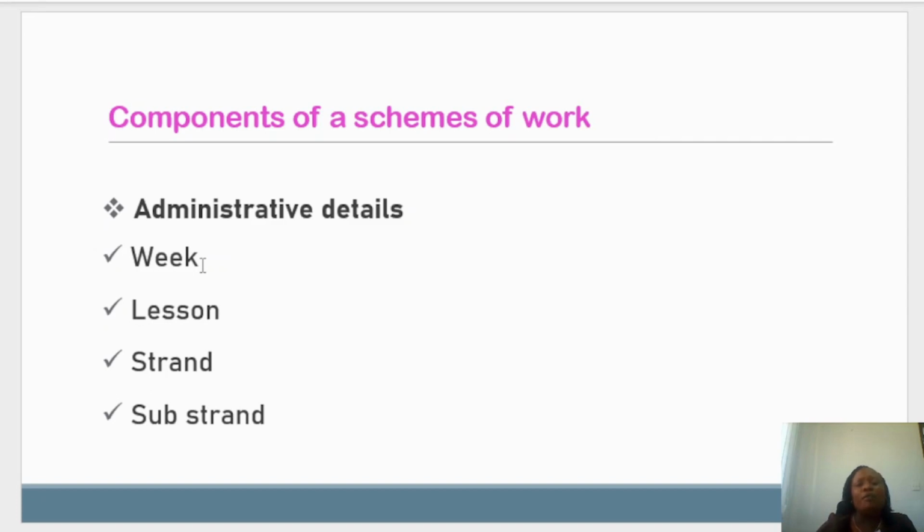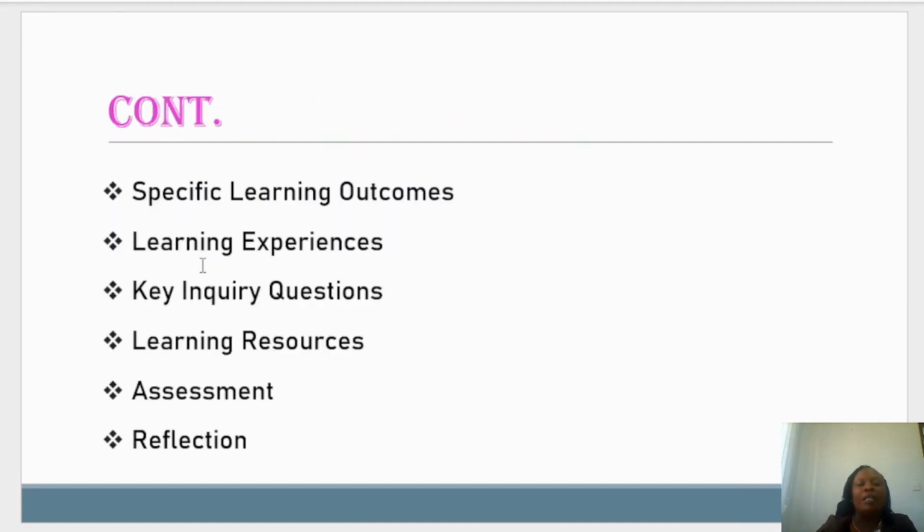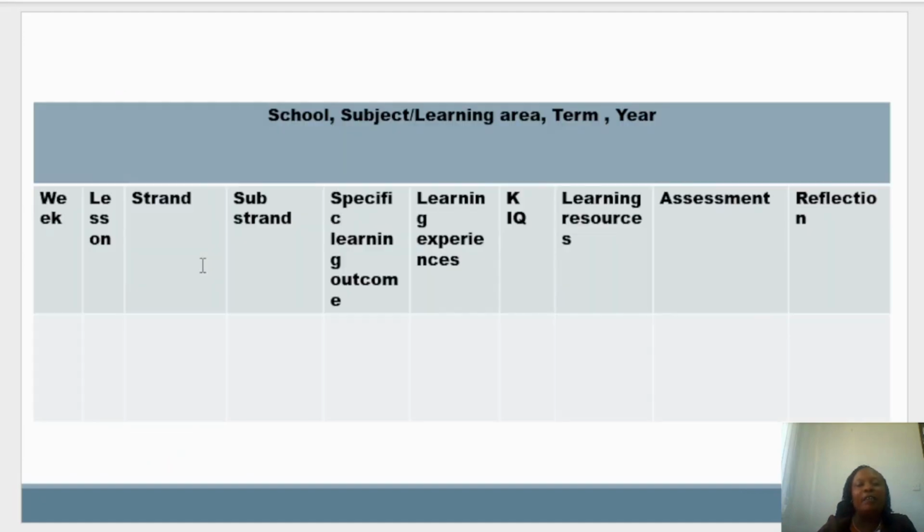What are the components of the schemes of work? Number one, we have got the administrative details, that is the week, the lesson, the strand, and the substrand. We had already discussed what is a strand and what is a substrand earlier. Then we have got the specific learning outcomes, the learning experiences, the key inquiry questions, the learning resources, the assessment, and then finally the reflection.